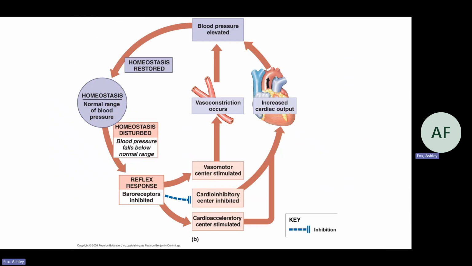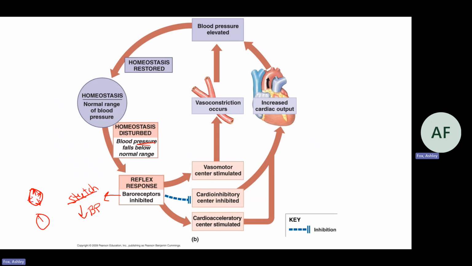So this is just showing you the same thing. If you have homeostasis disturbed, you have a low blood pressure. This is going to be baroreceptors, which are going to be stretch receptors oftentimes. So you have less stretch on these receptors. So they're saying that the pressure is low. Because if you have normal, it's going to push against them.